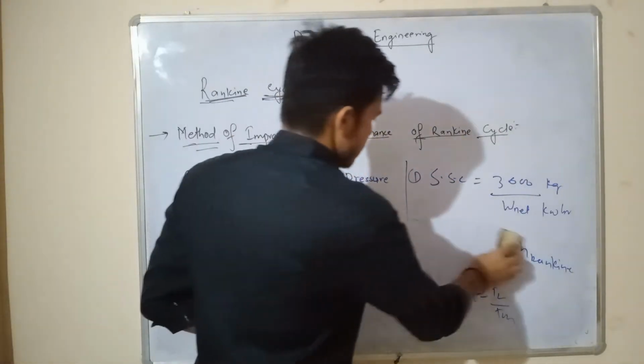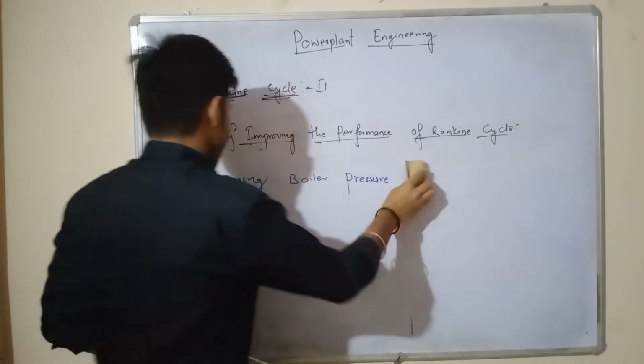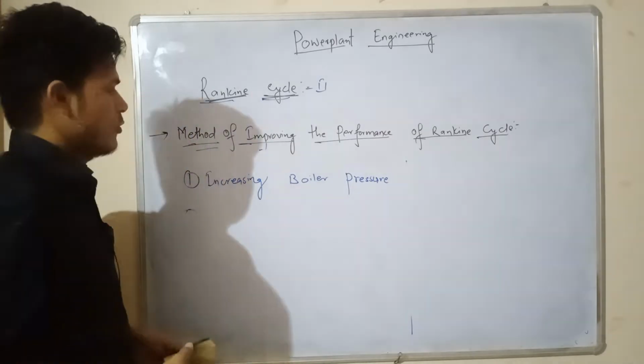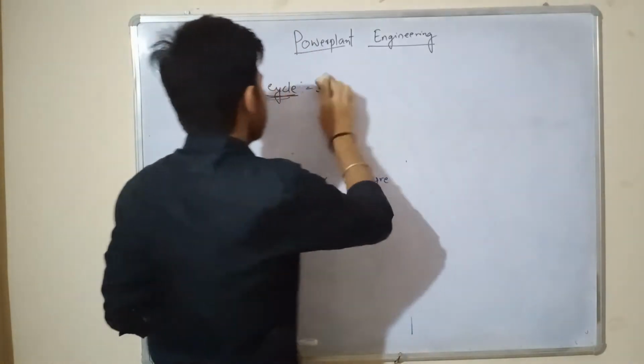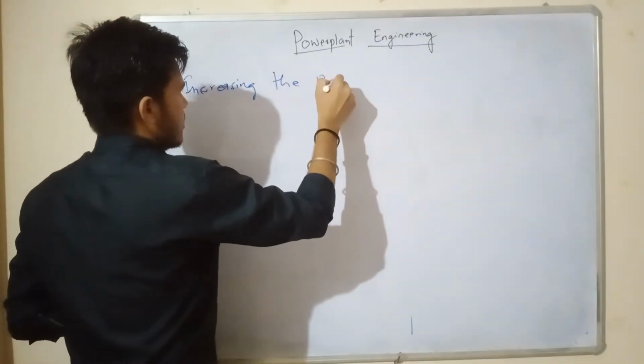So our first method is increasing the boiler pressure. What will happen if we increase the boiler pressure?